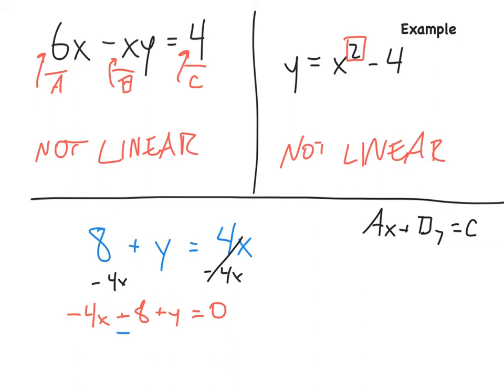So if we subtract 8, our final equation in standard form would look like negative 4x plus y is equal to negative 8, where negative 4 is a, 1 is b, and negative 8 is equal to c. So this is linear.